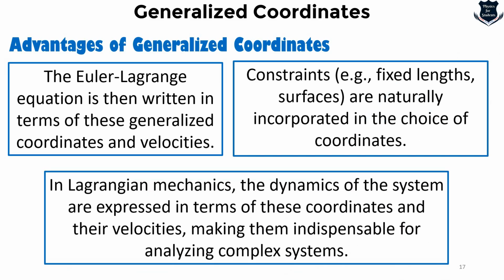And the third is that it works with any coordinate system, Cartesian, polar, cylindrical, spherical, or any other. So we can say that generalized coordinates are a flexible and powerful way to describe the configuration of the system, tailored to a specific problem. So you have a problem, you have the coordinates, you can just plug in the values in the Euler-Lagrange equation, and you get the complete dynamics of the system.